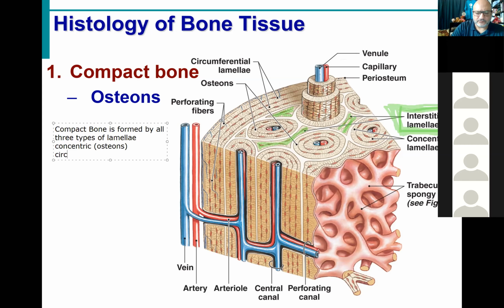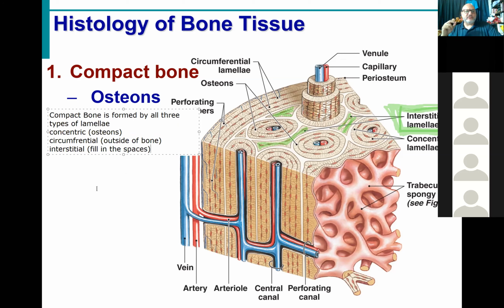Circumferential, that goes around the outside of the bone. And our interstitial, which fill in the spaces. All three types of lamellae form our compact bone.